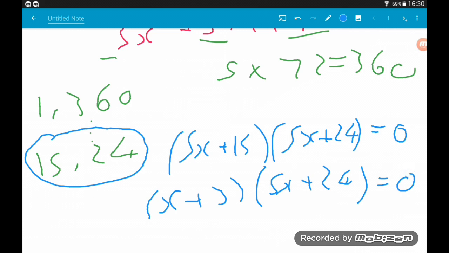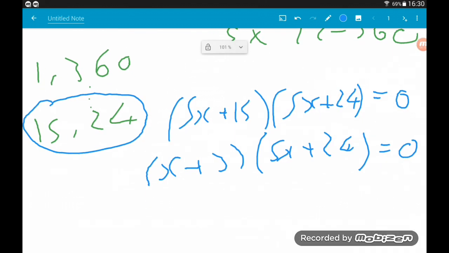So that is our quadratic factorised. If you want to check that it's right, try expanding that back out, and you should get 5x squared plus 39x plus 72 is equal to 0.